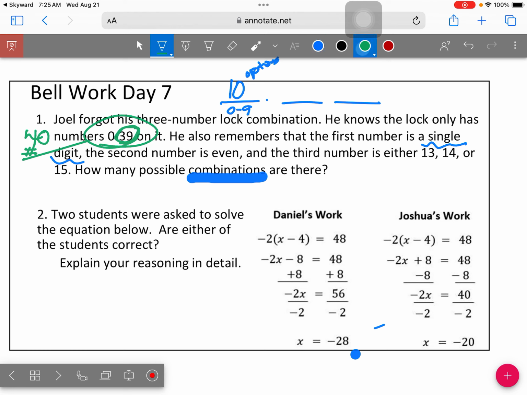Okay, the second number is even. So how many numbers do we have totaled to choose from? 40. Right? And every other number, when you count, is odd or even. So we're taking those 40 numbers and dividing them into 2 different groups. Because if you start with 0, 0 is even, 1's odd, 2 is even, 3 is odd, back and forth.